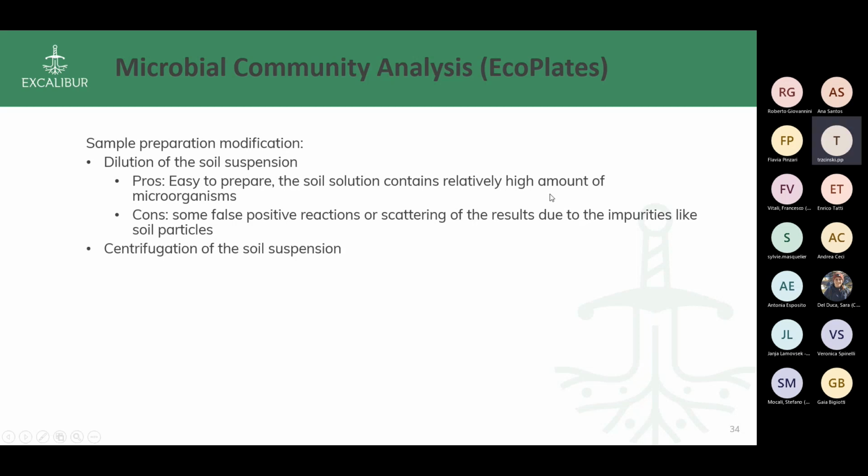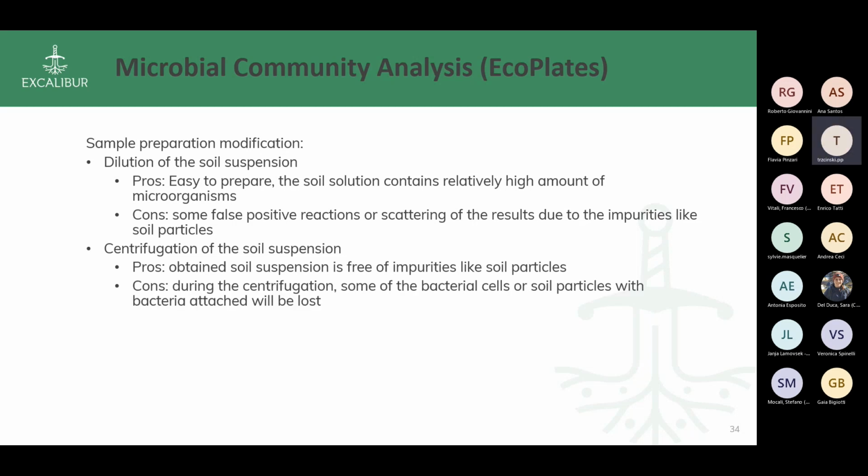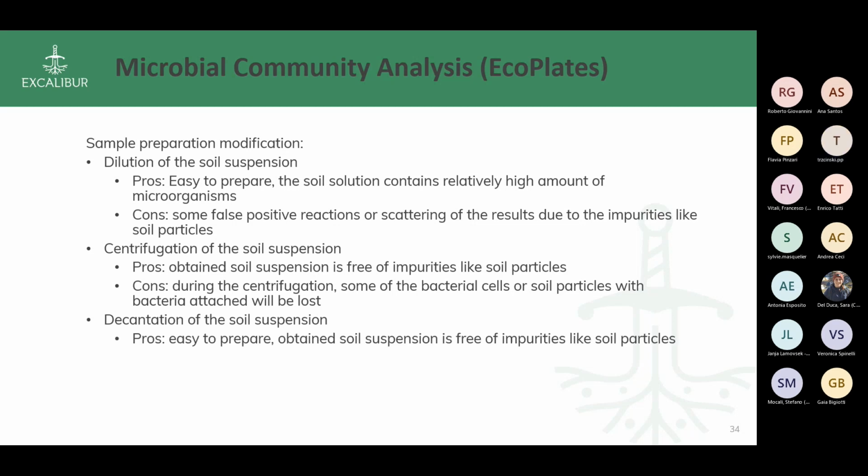Another option is to centrifuge the soil suspension. We obtain a suspension which is free of impurities, but during the centrifugation, some of the bacterial cells and soil particles with bacteria attached will be lost. Another option is decantation.